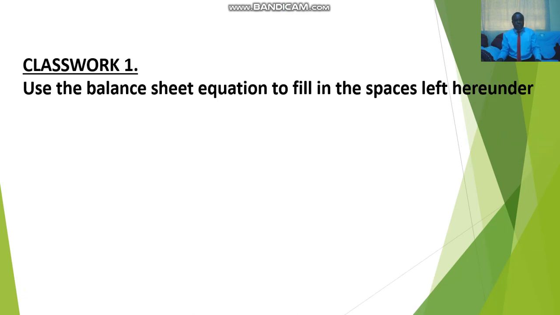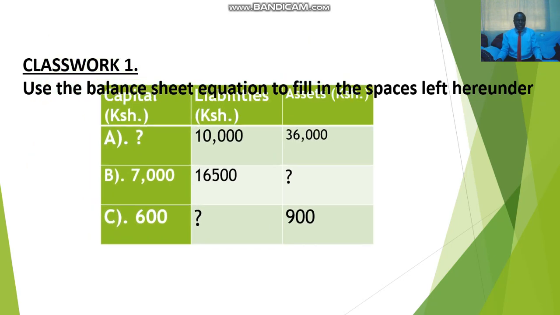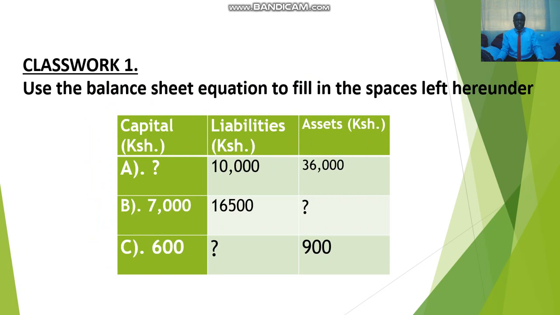Now, after example one, I shall give you classwork whereby you are required to use the balance sheet equation to fill in the spaces left below. Remember, the balance sheet equation is also called the bookkeeping equation. In scenario A, we are supposed to find capital.